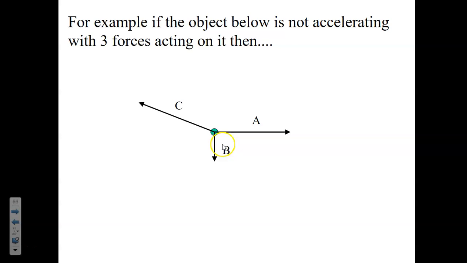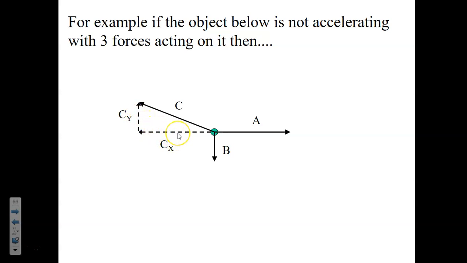So if I have an object and it's got three forces on it, and it's not accelerating, this is my force diagram, although I didn't label it with gravity and normal and all that. If it's not accelerating, then the forces all have to cancel, which means that this force C has a horizontal component and a vertical component.